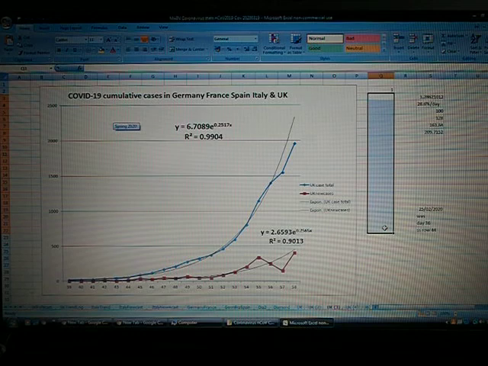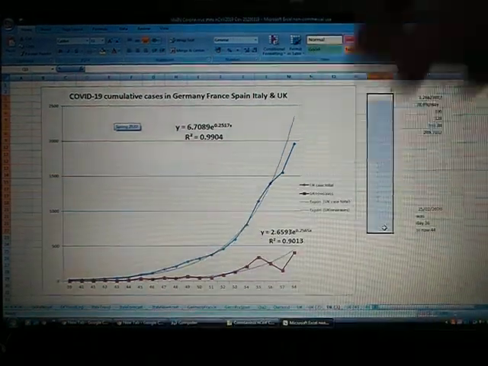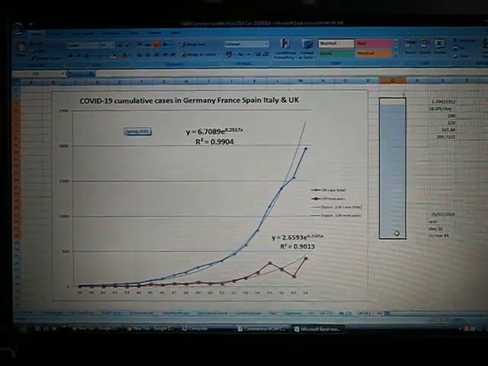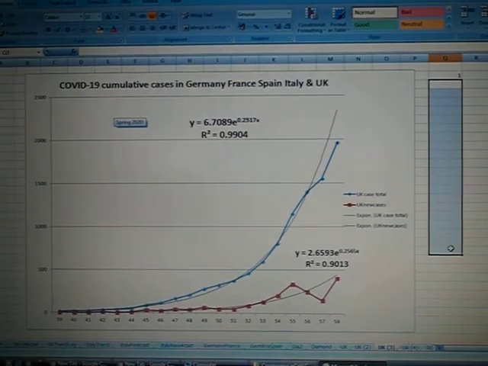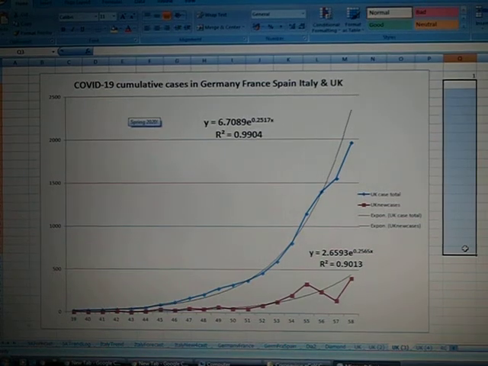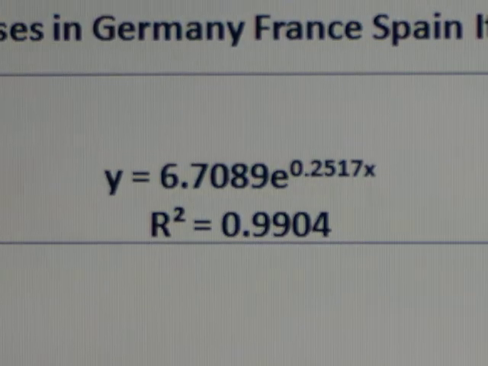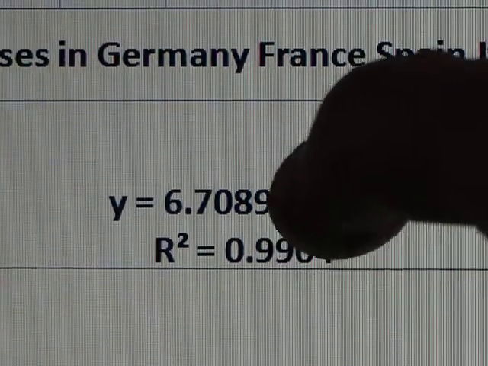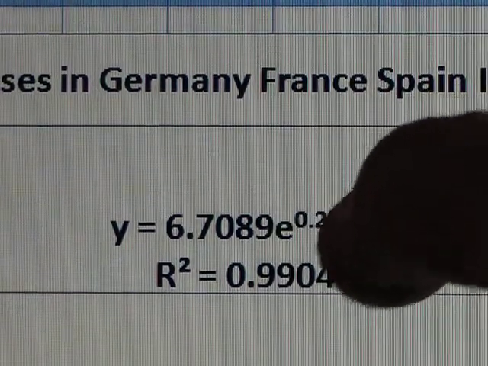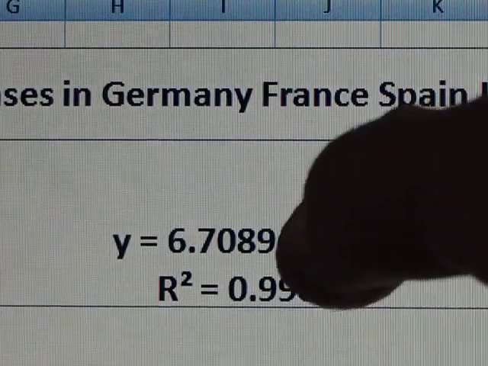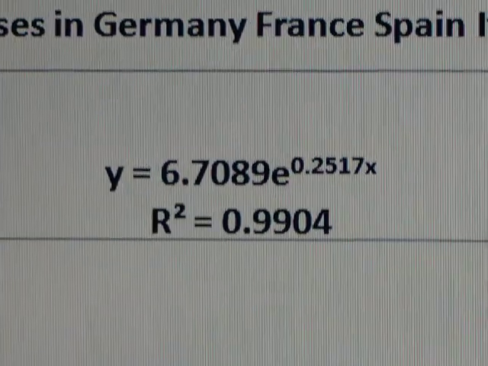Today we're going to look at the UK, and the UK is following pretty closely an exponential rise in cases. This is a problem because it's not really slowing down. The formula for that exponential rise, and this number, the exponent, is kind of the slope, it expresses the percentage change, is 0.2517.